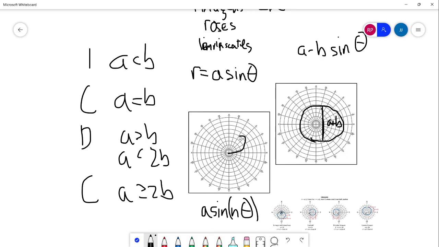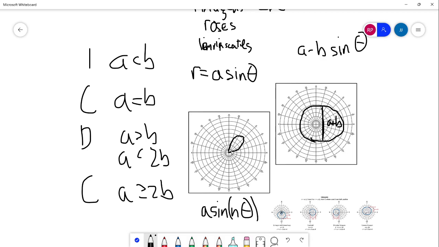Like if we have sine 3 theta, it has 3 petals. If n is even, it has twice as many petals, and each petal is exactly mirrored by a petal on the other side. So you only have to do 1 petal for each one, because you can do an exact mirror of it on the other side.